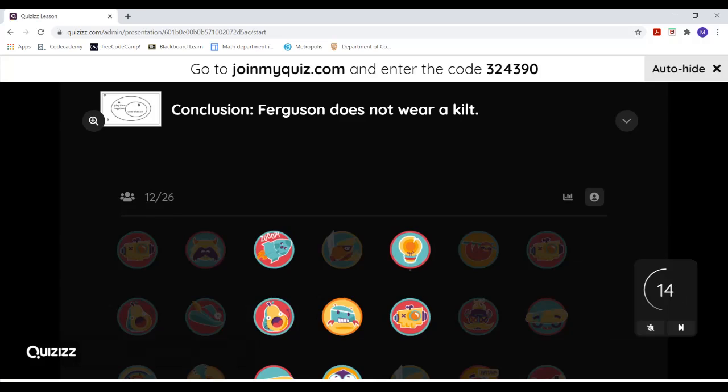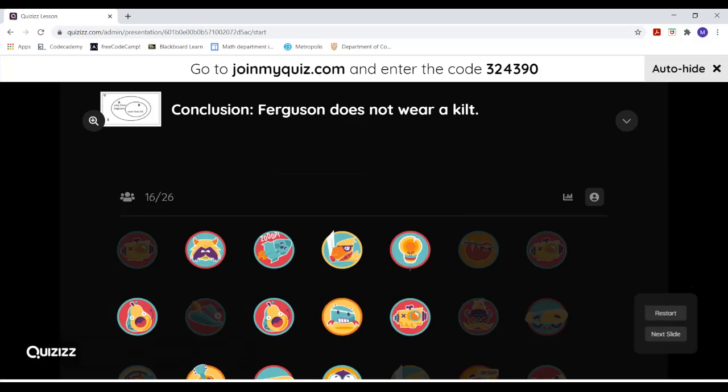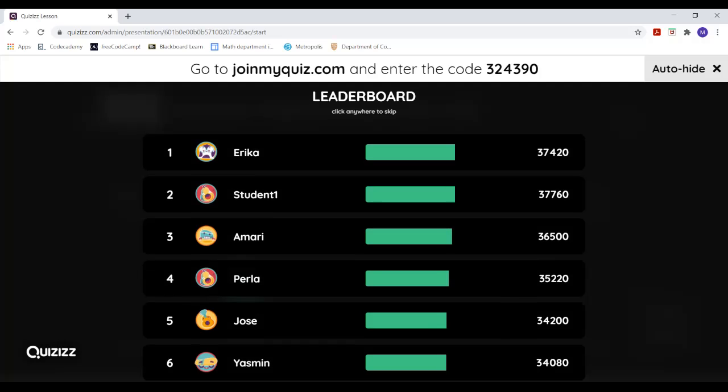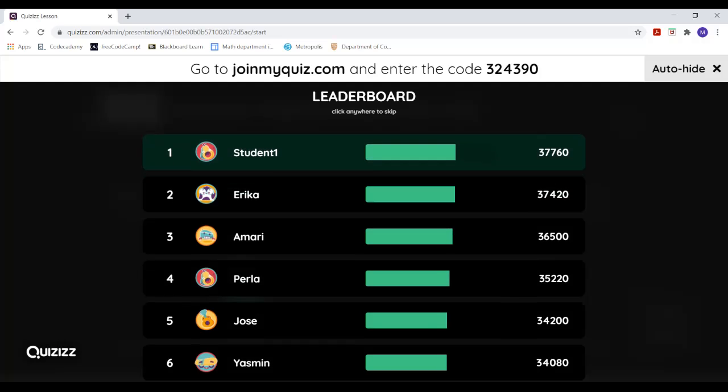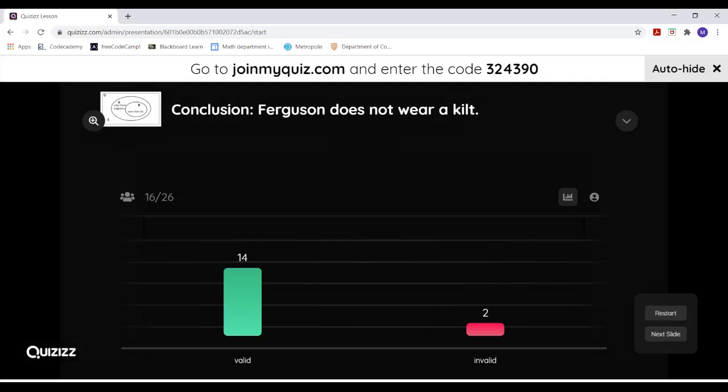If it's on the outside of the big set, what can we say about the small set on the inside? Well, it's also not going to be within that kilt circle. So we can conclude that it's not going to be within the kilt circle based on how we do that. So therefore, that is a valid conclusion. Is that what we are saying? Okay. See, these are getting better.